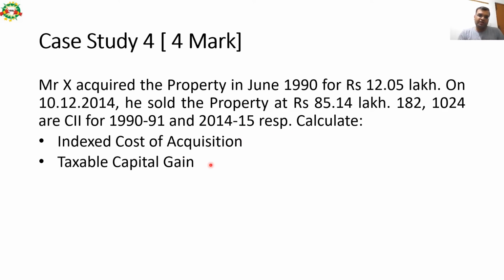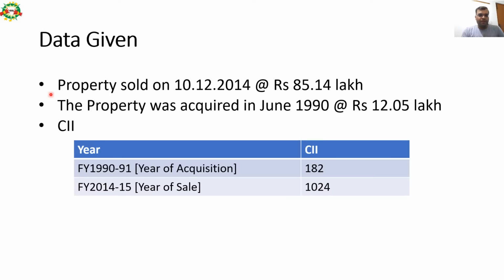We have to calculate the index cost of acquisition and the taxable capital gain. 4 marks question. The property was sold on 10 December 2014 at a cost of 85.14 lakh, and the property was acquired in June 1990 at a cost of 12.05 lakh. Cost index for the year of acquisition and year of sale has been given.